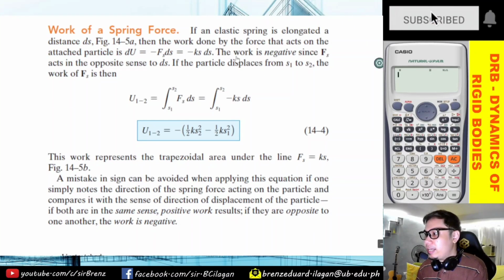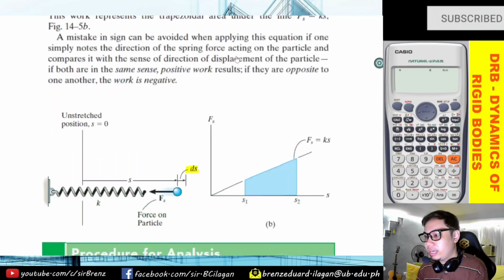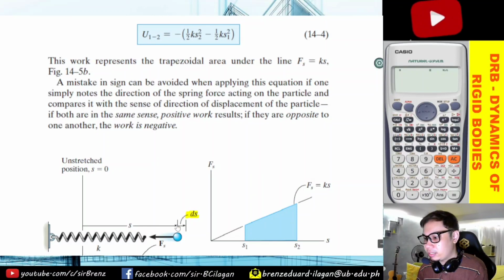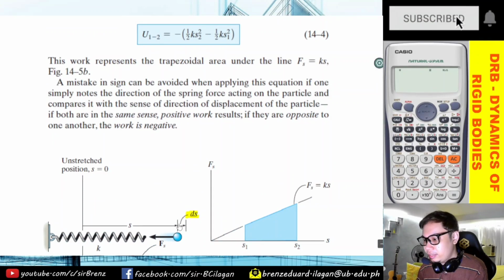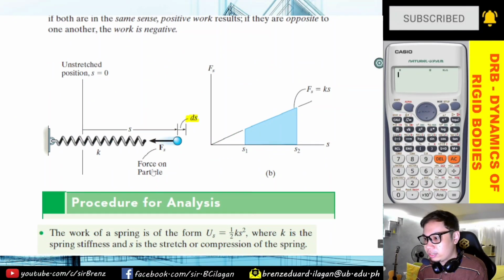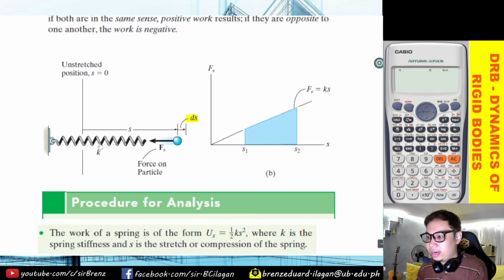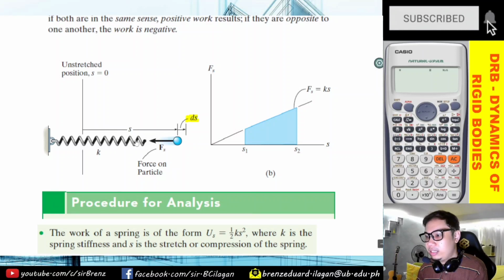So, the work is negative since F sub S acts in the opposite sense to ds. So, magne-negative siya if opposite yung direction niya dun sa ating ds. So, kung mapapansin nyo dito, yung ds mo kasi is papunta siya dito sa right, and yung F sub S mo is papunta dito sa kaliwa. So, di ba kapag ina-elongate natin yan, yung spring, ang tendency kasi niyan is bumalik sa original position niya.